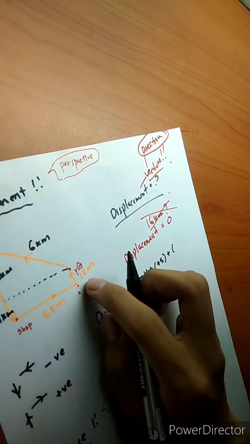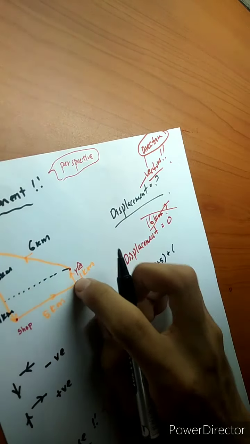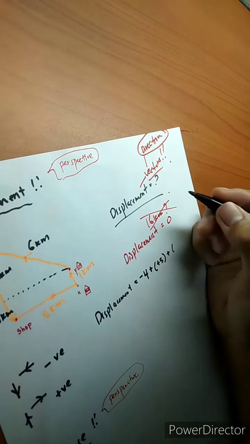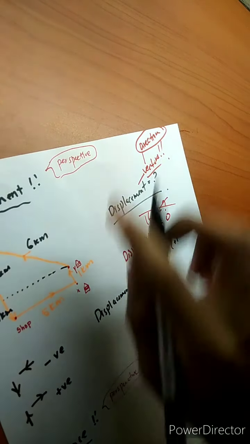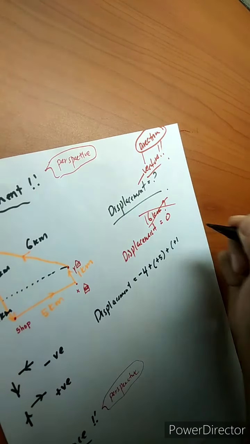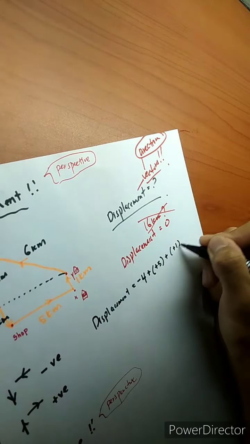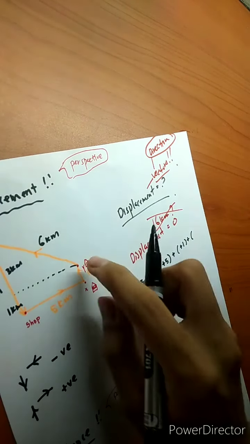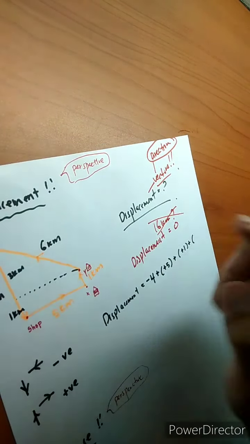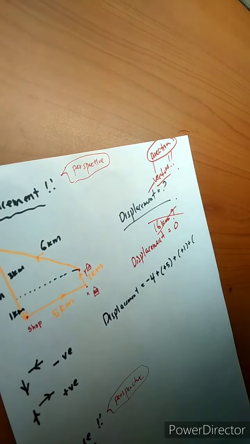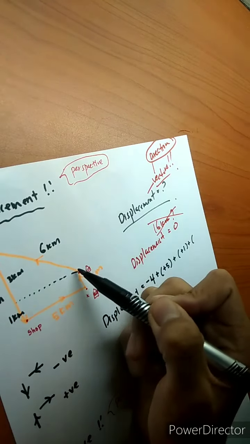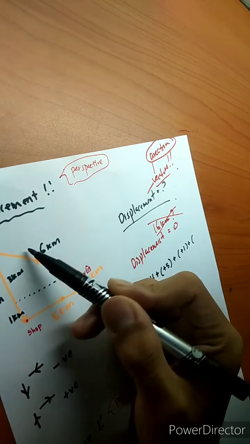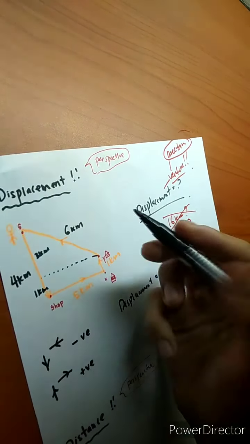Then from my friend's house to the nearest bank, which is 1 kilometer, so +1, because heading to the top is always plus. So how about this one? What sign should we use? Suppose we can resolve this into two components, x and y.